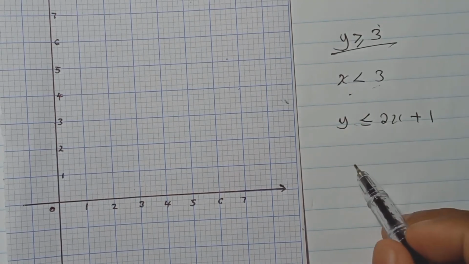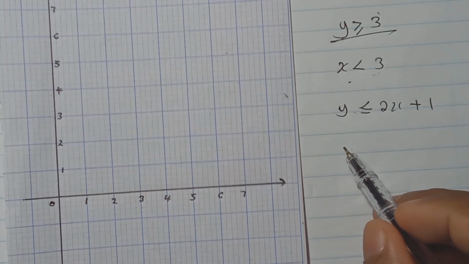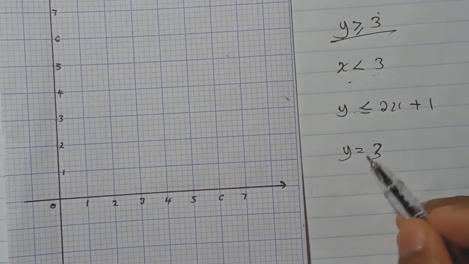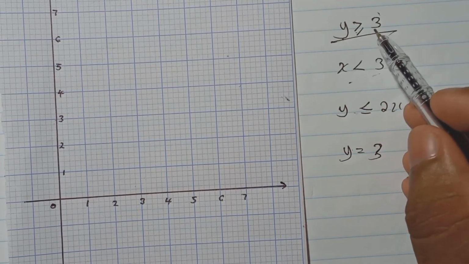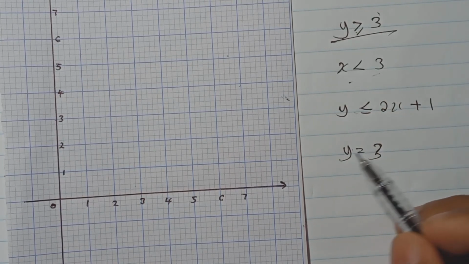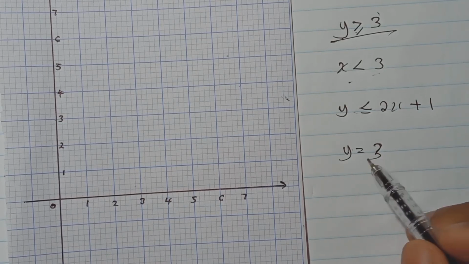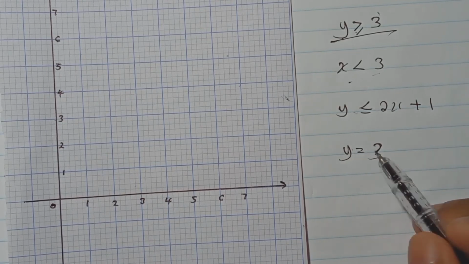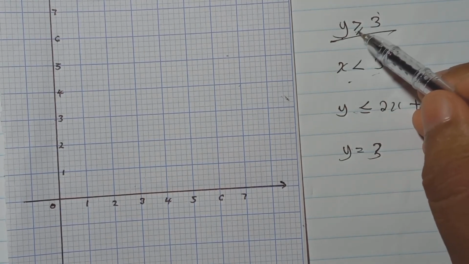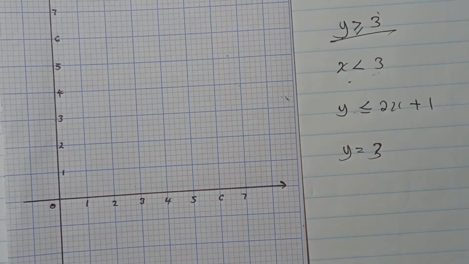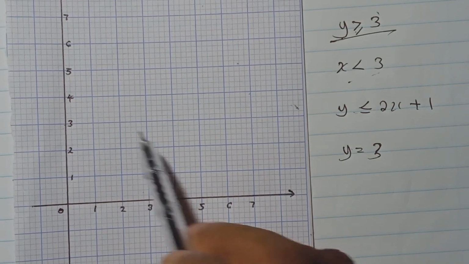So think here, you got y equal 3. Here y is greater than or equal to 3, but think y equal 3. Very simple, you need to think it, right? I don't need to tell it, just y equal 3. So y equal 3 means what?